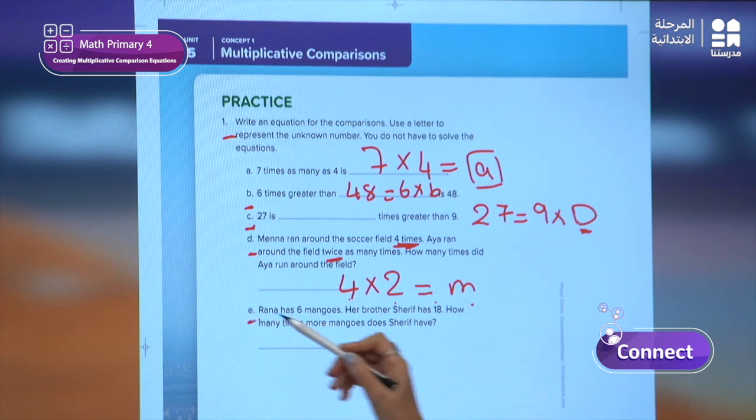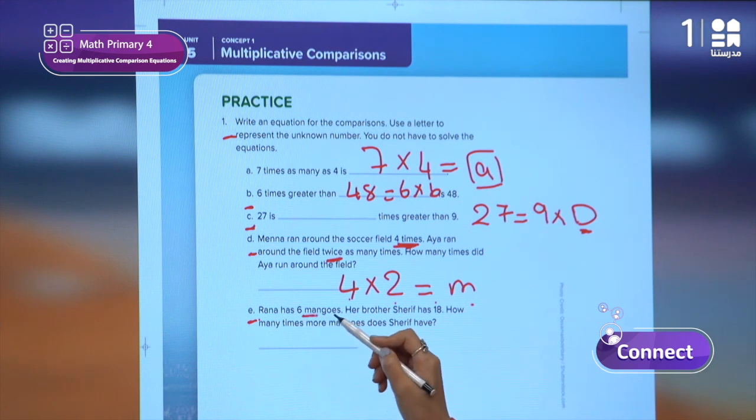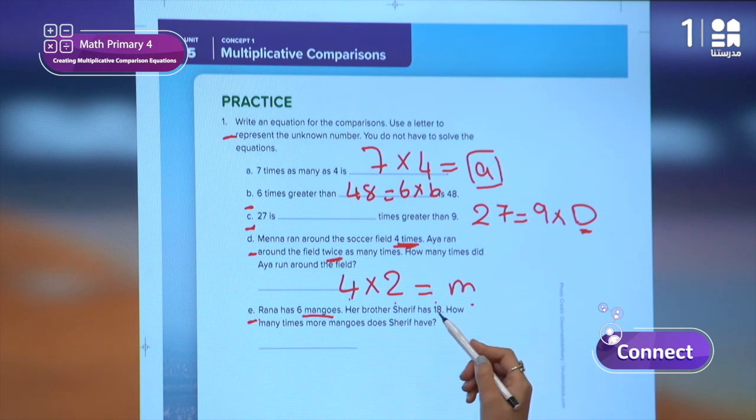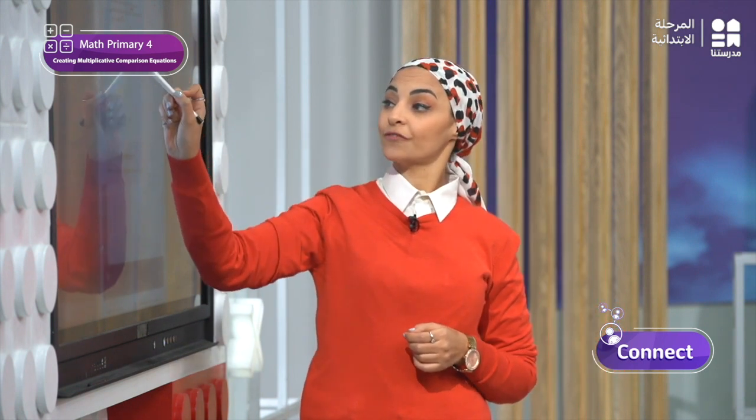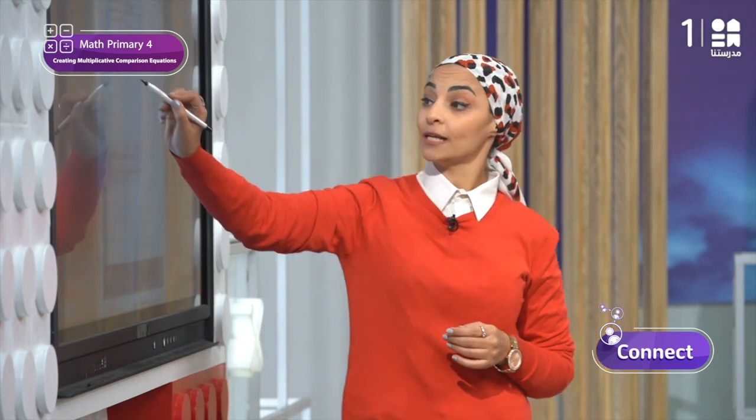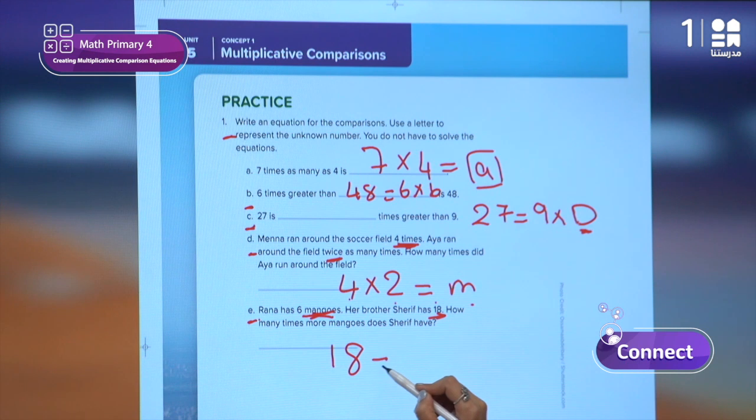Now, in problem number 5, Rana has 6 mangoes. Her brother Sherif has 18 mangoes. What is the question? How many times more mangoes does Sherif have? Rana has 6 and Sherif has 18. It is like saying Sherif's 18 equals 6 times what?